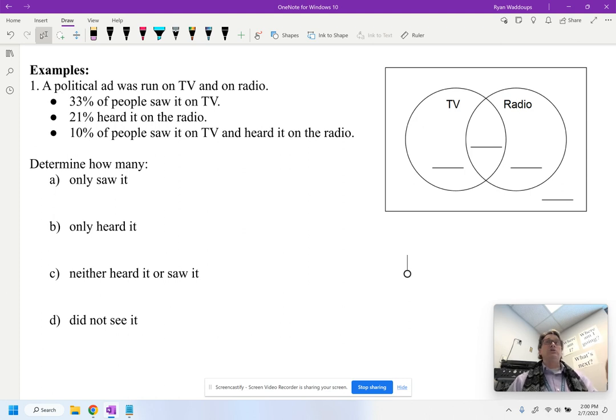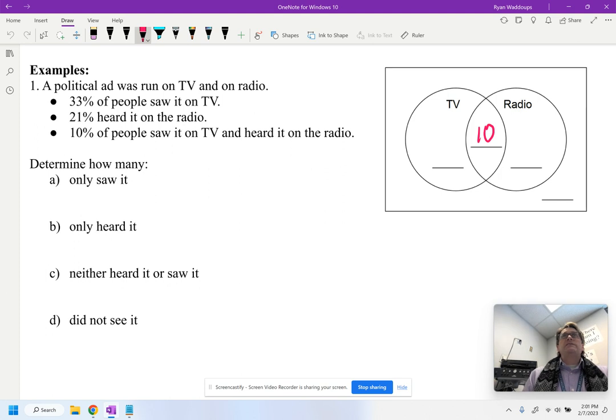Of those three numbers, one of them can be placed in the Venn diagram as is. What do you think that is, Kenzie? I realize it's just a guess. Give me a guess. You got a 33% chance of getting it right. 10. And where do we put that? Right in the middle. That's the one that we can place, and we place it right in the middle.